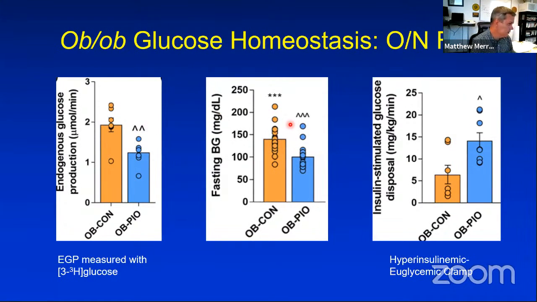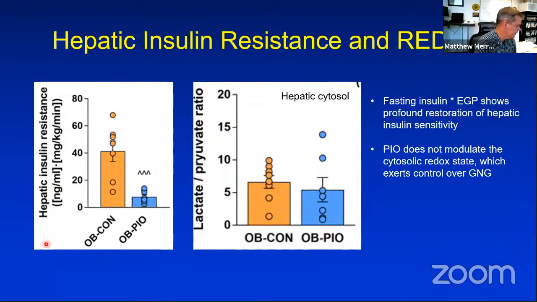The fasting blood glucose improved. And then also, using a clamp like what Owen described last time, we measured the insulin-stimulated glucose disposal, and you can see that the treated animals have increased insulin sensitivity.